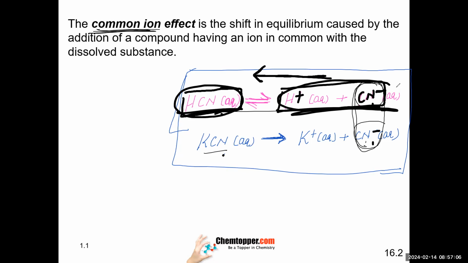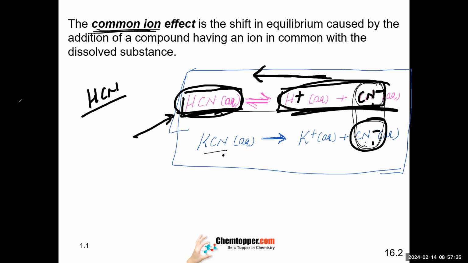Okay, so if my equilibrium is shifting in the direction of undissociated acid, then is this helping this acid to become stronger or weaker? Please answer this. Is HCN becoming a stronger or weaker acid due to this common ion effect?